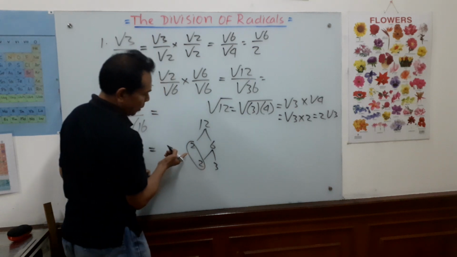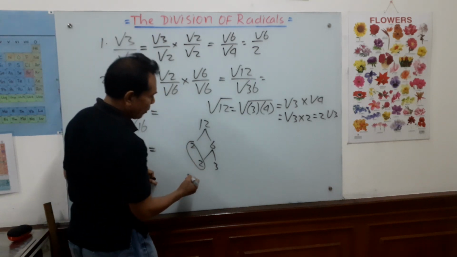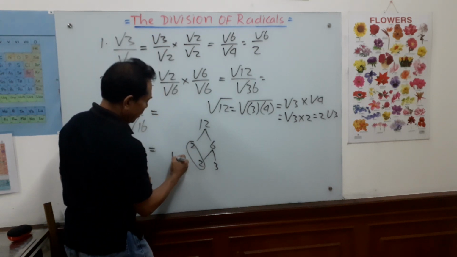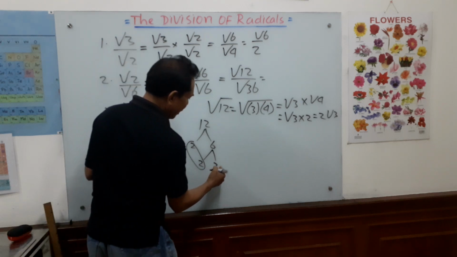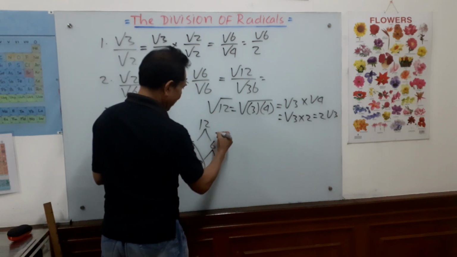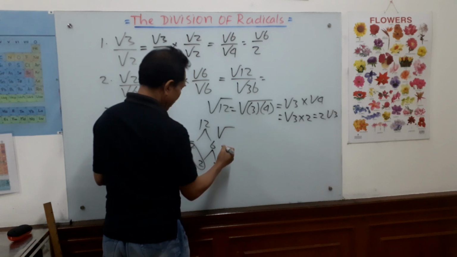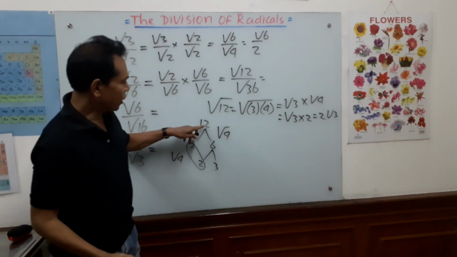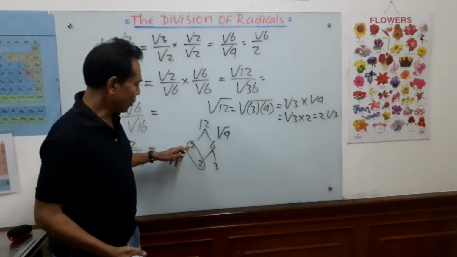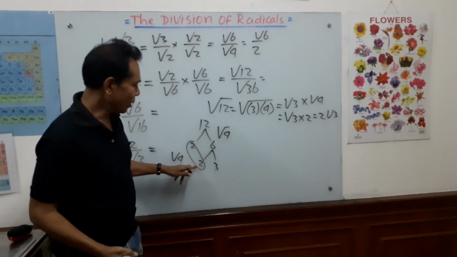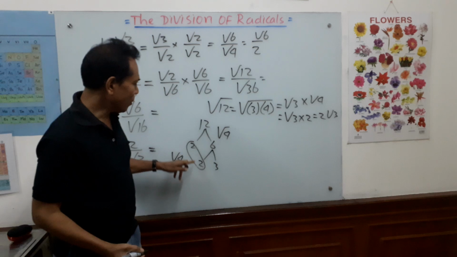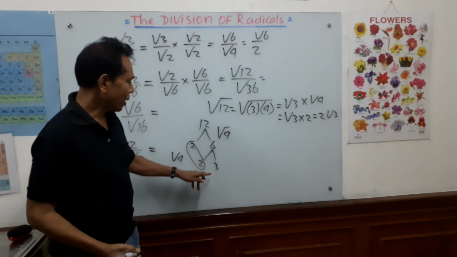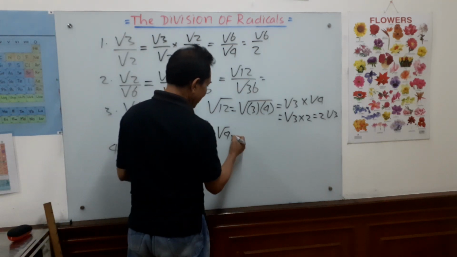So we have square root 2 times square root 2 equals square root 4. And then this one is square root 3. So square root 2 times square root 2 is square root 4, and then we have square root 3 here.